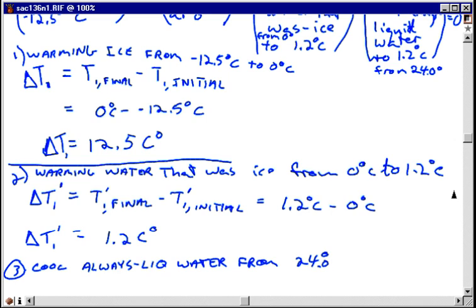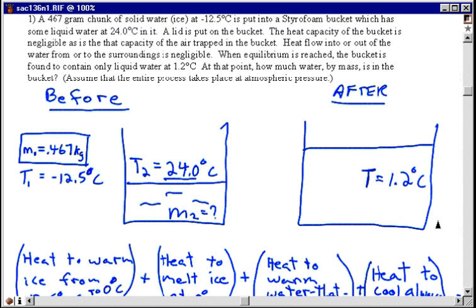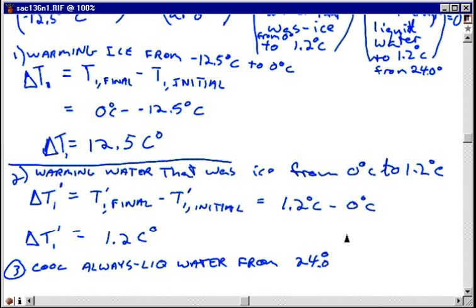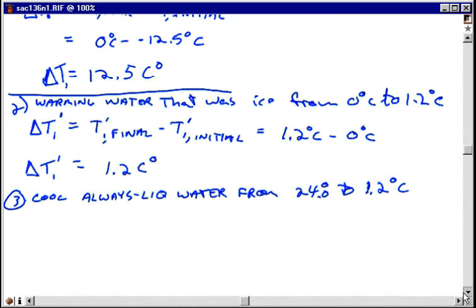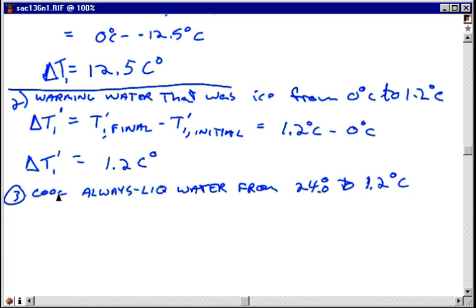So what it went from and to, let's take a look up here. Yeah, 24.0 degrees Celsius to 1.2 degrees Celsius, because everything wound up at 1.2 degrees Celsius.